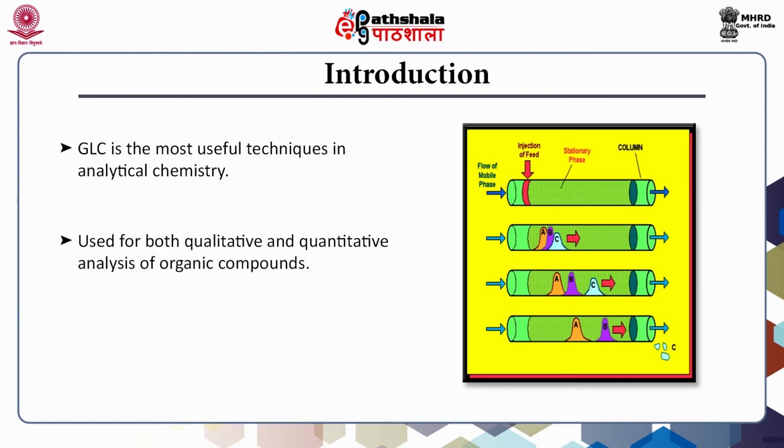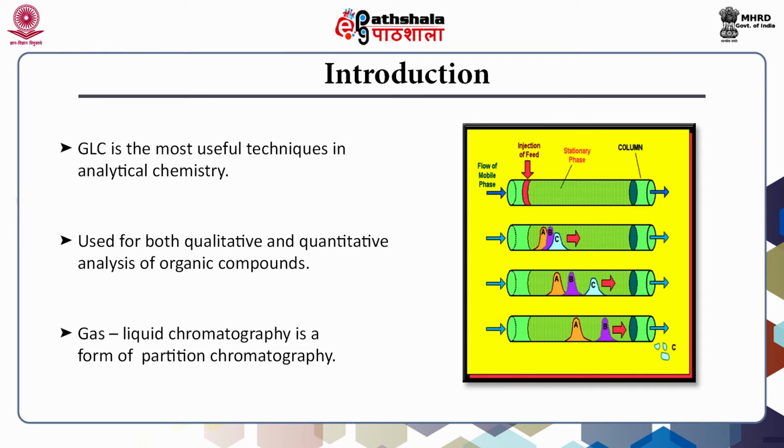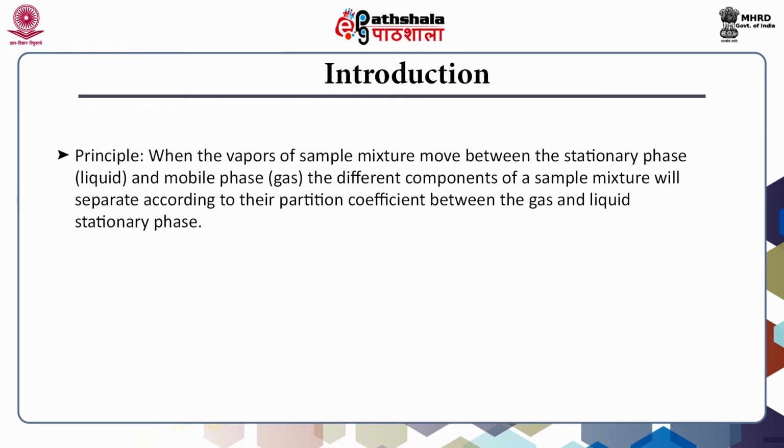It is used for both quantitative as well as qualitative analysis of food components, and this technique is based on the principle of partition chromatography, wherein the components are partitioned between the liquid stationary phase and a carrier gas mobile phase. So, as I said, it is based on the principle of partition chromatography.